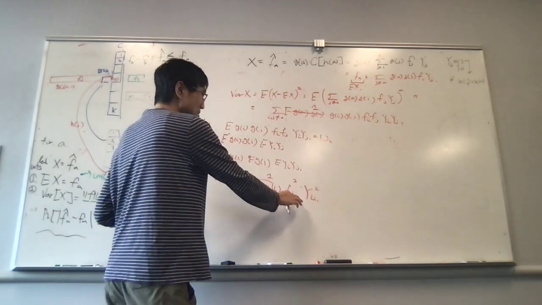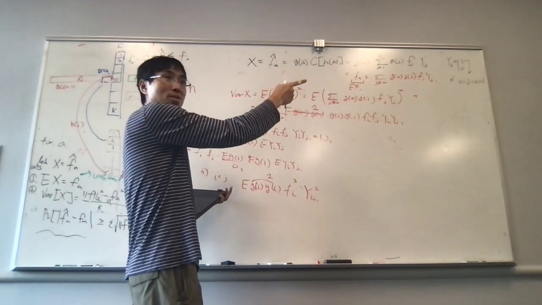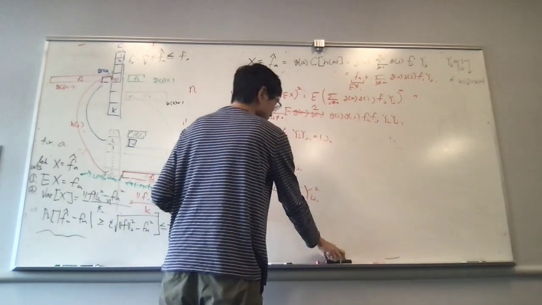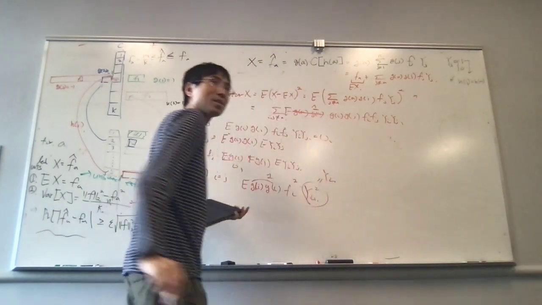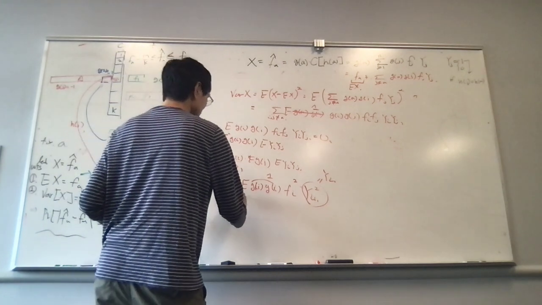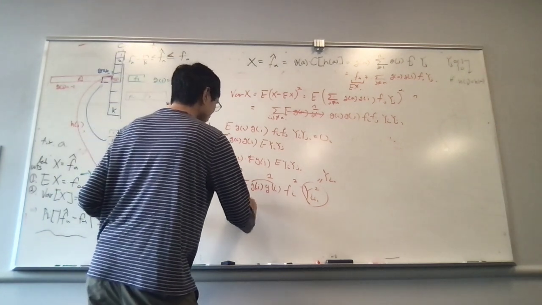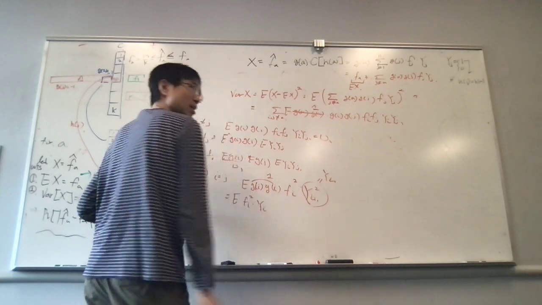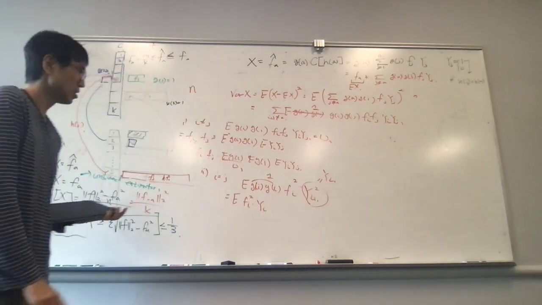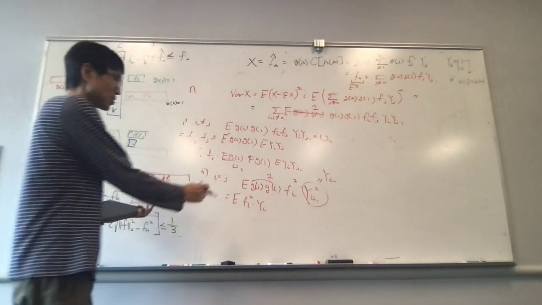But y squared, this is a 0-1 random variable, right? So this is the same as y_i. So it's nothing but E of f_i squared times y_i. Okay?